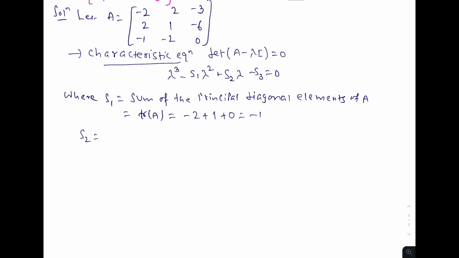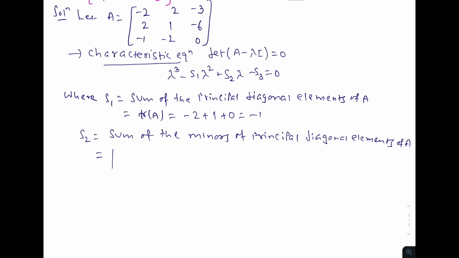S2 is the sum of the minors of the principal diagonal elements of A. That means the minor of this -2, which is nothing but a determinant. We just hide the row and column where -2 is, so these four elements we need to write: 1, -6, -2, 0.